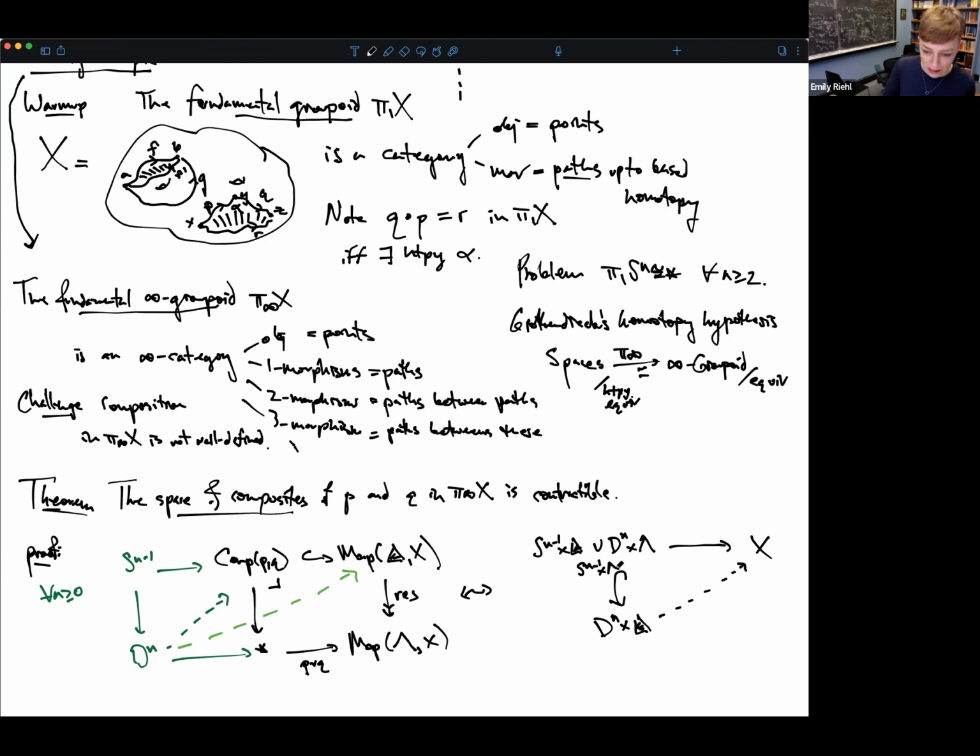And you can imagine if pigs are eating their food in their trough, then the level will sort of continuously go down. This is defining a continuous deformation retract. So there's a continuous map from here back to here. So my desired lift just composes this way and then goes across. Okay, so that's a quick proof that this space is contractible.